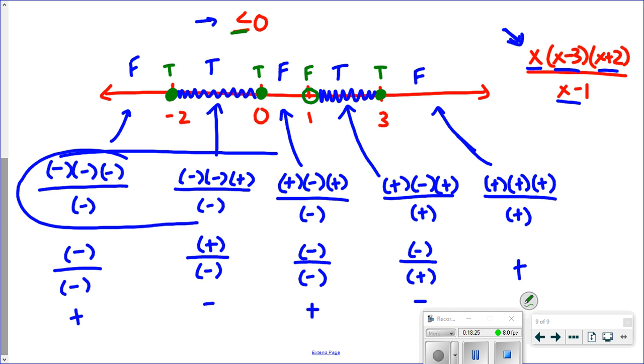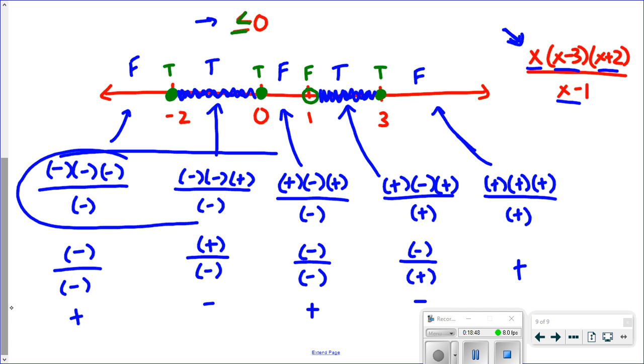The other parts that are shaded, these here, these are the less than part right here. Now remember, 1 was not a 0. 1 was a restriction. So restrictions can't ever be equal to. Those are going to have an open circle.